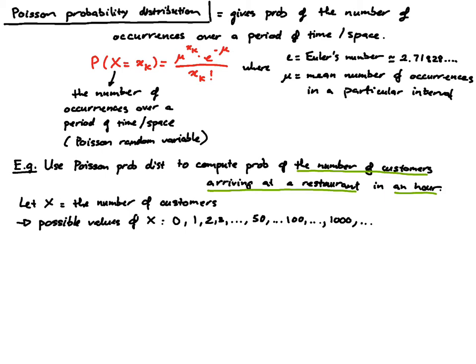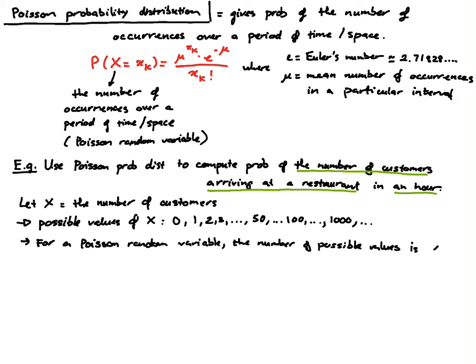And so for a Poisson random variable, the number of possible values of x is infinity.